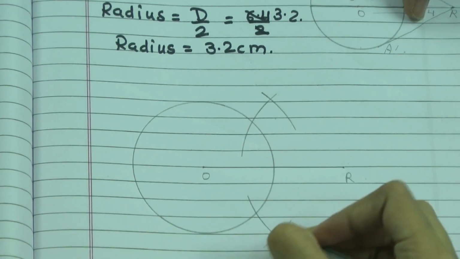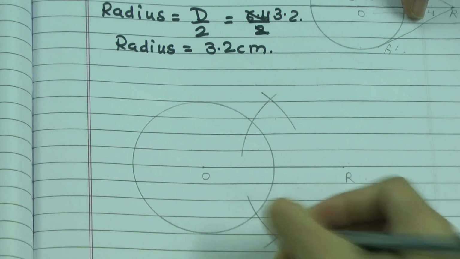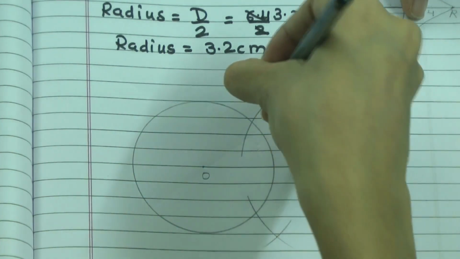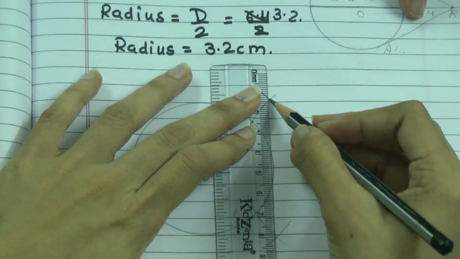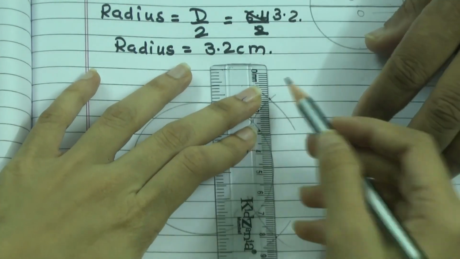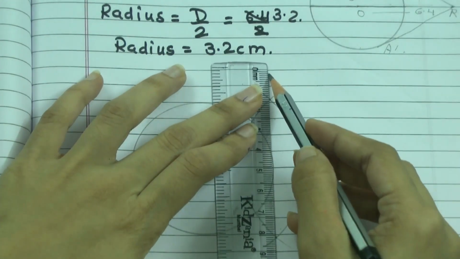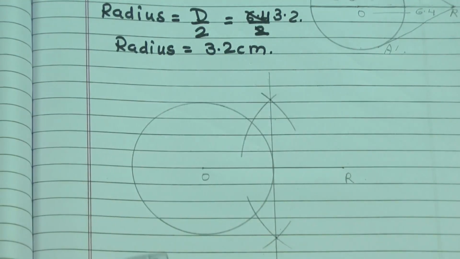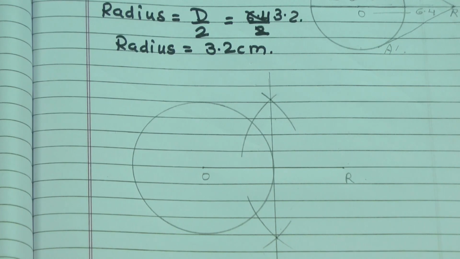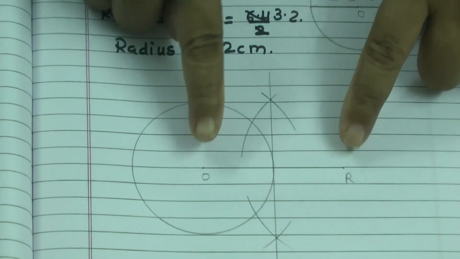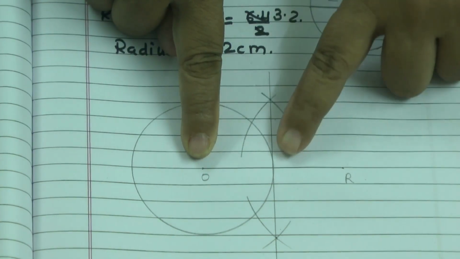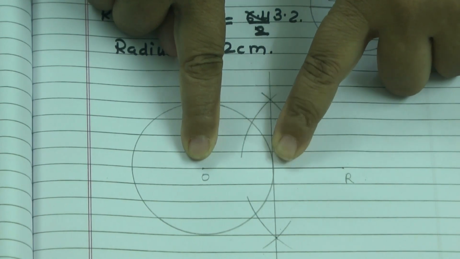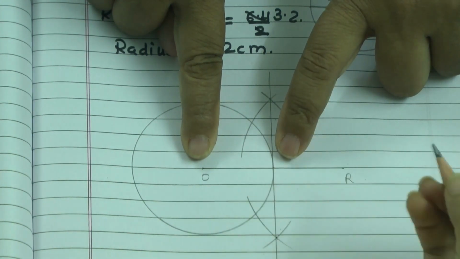First, locate the point properly. Keep the scale properly. Join those points. Draw the line. Now see here children, this line is exactly touching the circle because the distance of OR is 6.4 and half of 6.4 is 3.2. So therefore this line is touching the circle.